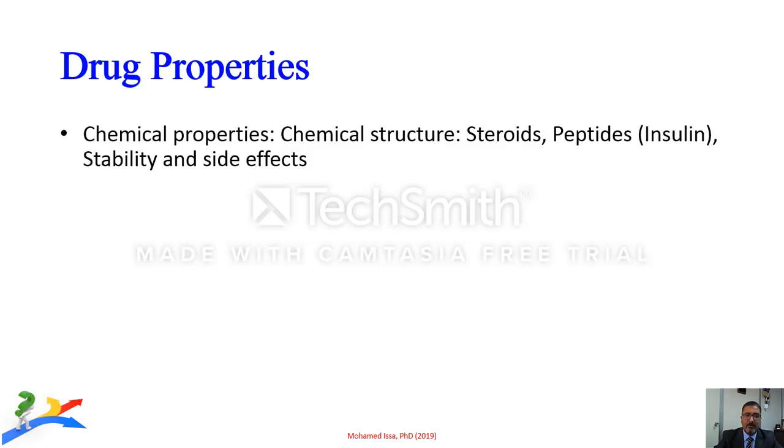Insulin can never be taken orally. You know why? Because when it gets inside the stomach, you have HCl, a very hostile pH, plus all types of enzymes in the stomach, and even more in the intestine. We have peptidases, which are enzymes responsible for the degradation of peptides.